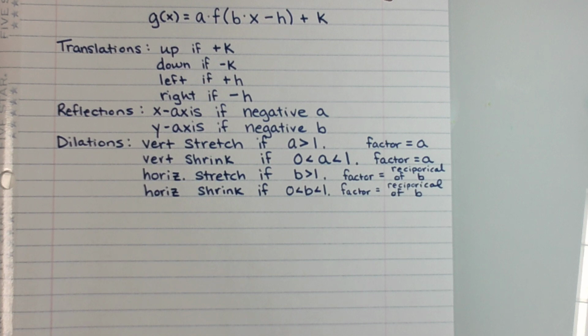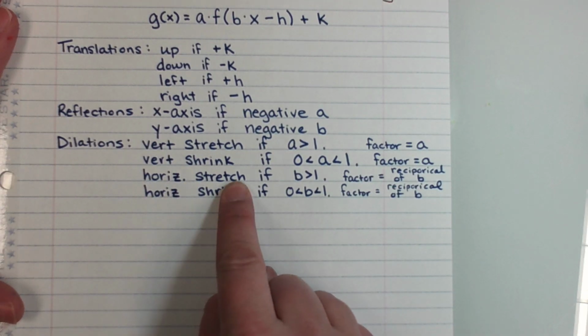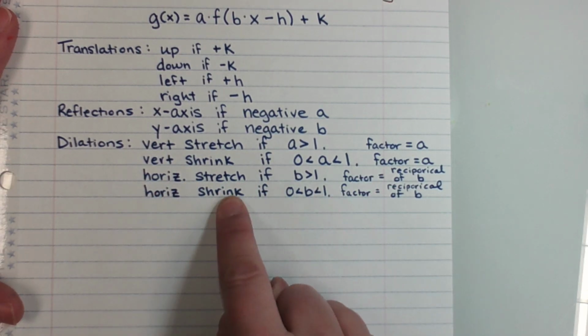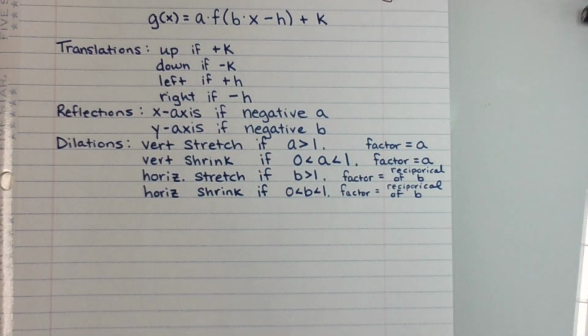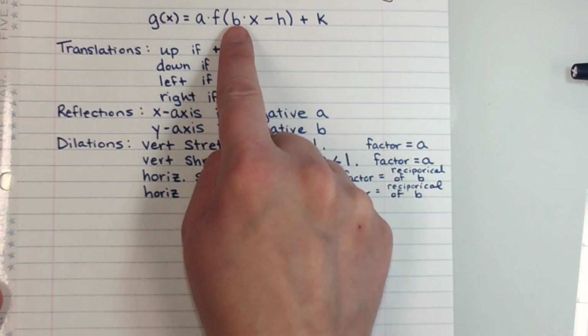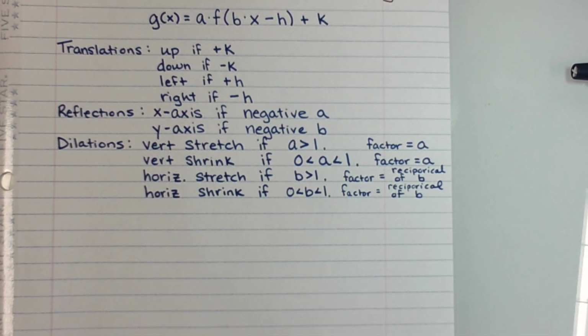Now, if that piece didn't make sense to you, it's okay as to why these two are opposites. Just understand, if it is a horizontal stretch or a horizontal shrink, the factor itself is the reciprocal of the number that's actually being multiplied right here by the x. Okay.